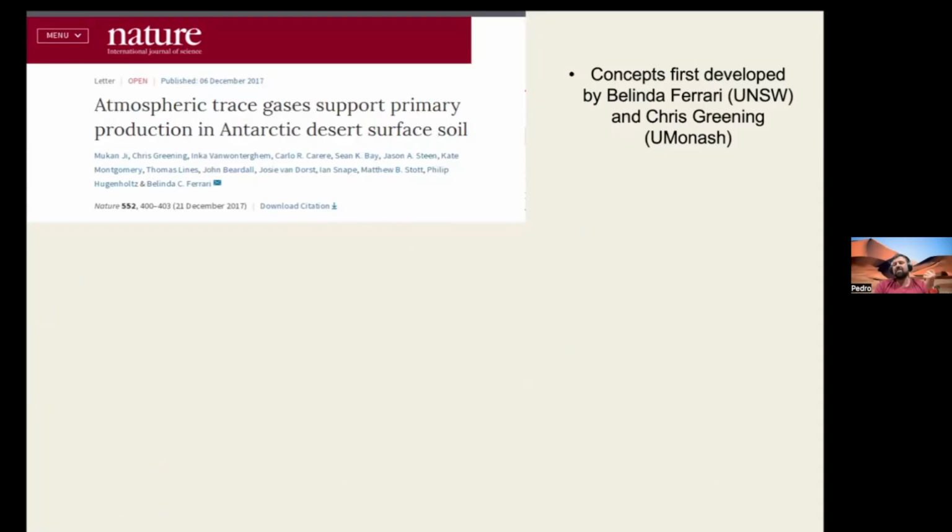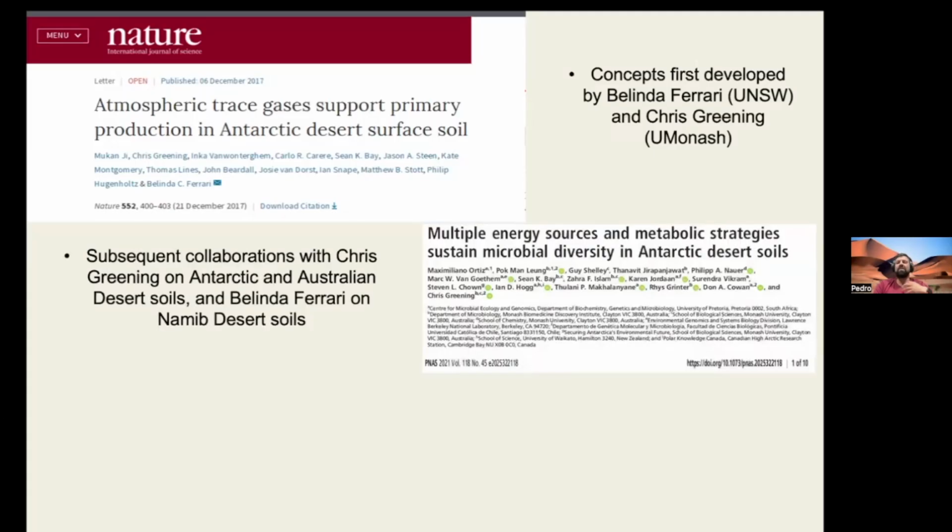This trace gas oxidation supported primary production in these soils, right? Since then, through our collaboration and collaboration with others, they were able to show that this happens in many different deserts, not only Antarctica, but also Australia, and the Namib, of course.